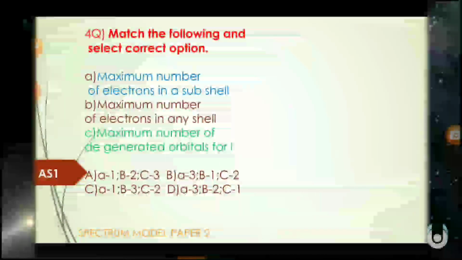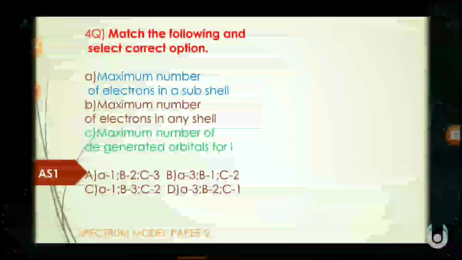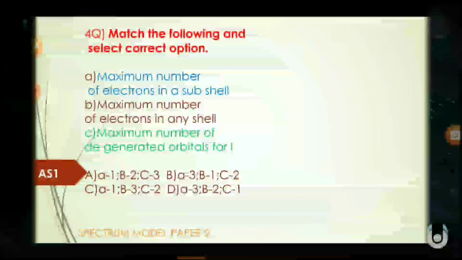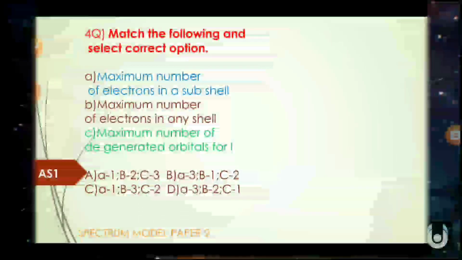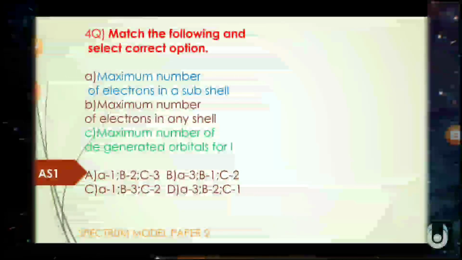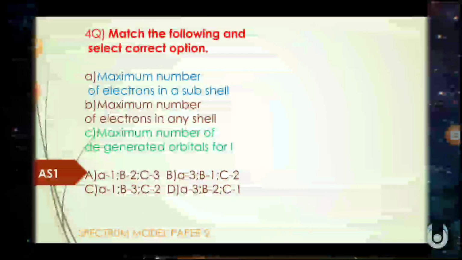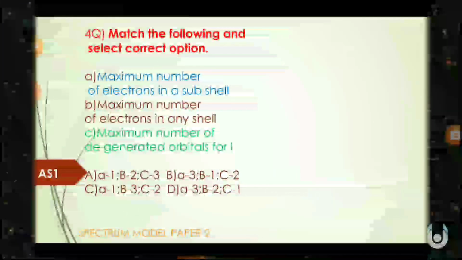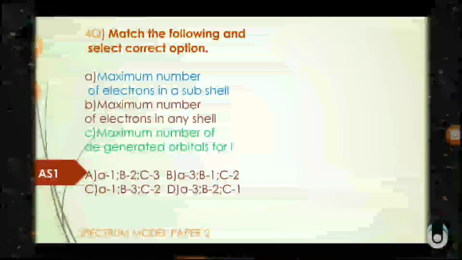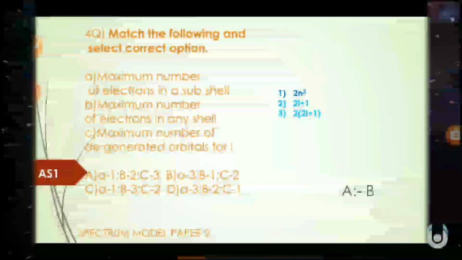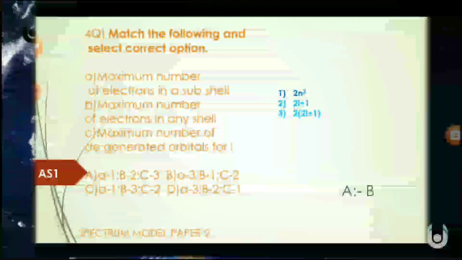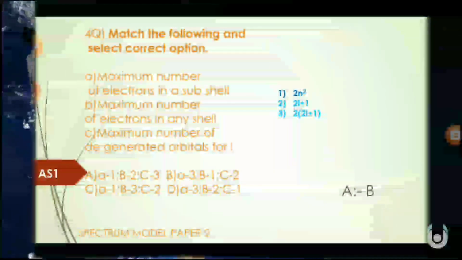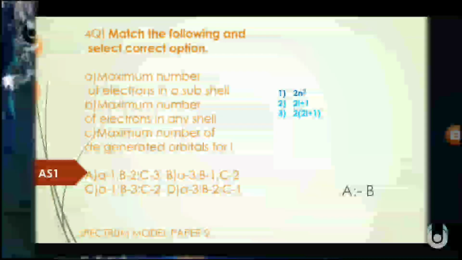This is an AS1 question. Fourth question. Match the following and select the correct option. A. Maximum number of electrons in a subshell. B. Maximum number of electrons in an orbit. C. Maximum number of degenerate orbitals for an l value. Here the options are: 1. 2n square, 2. 2l plus 1, 3. 2 into (2l plus 1).